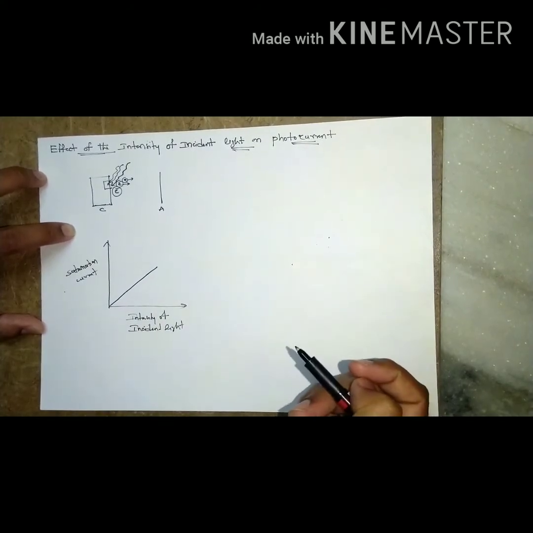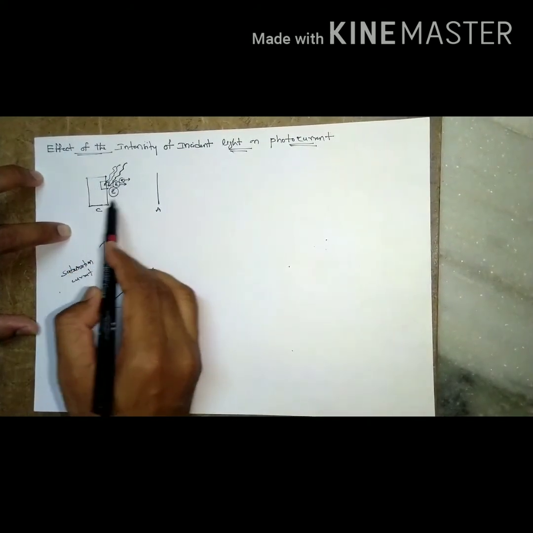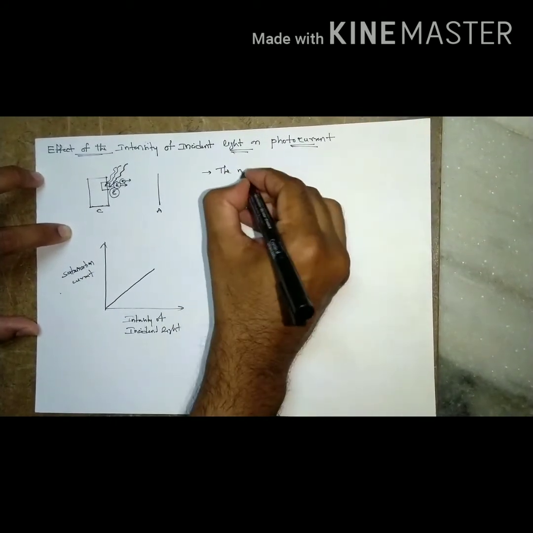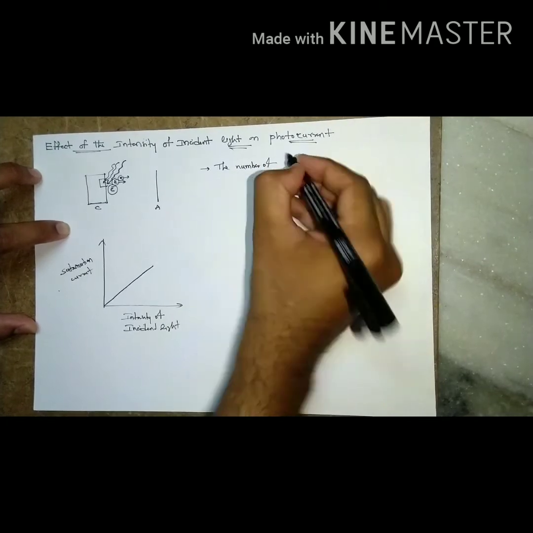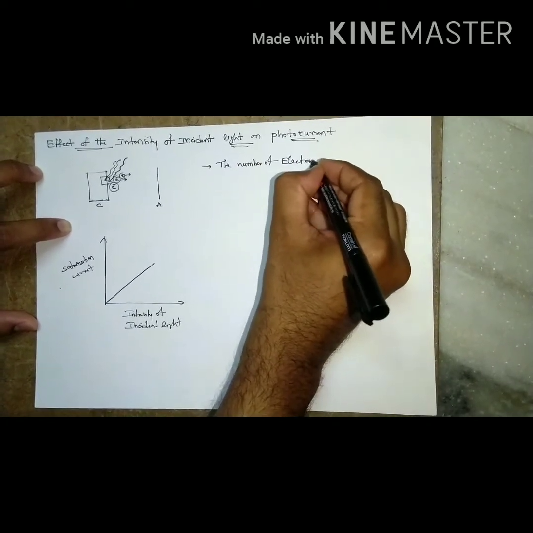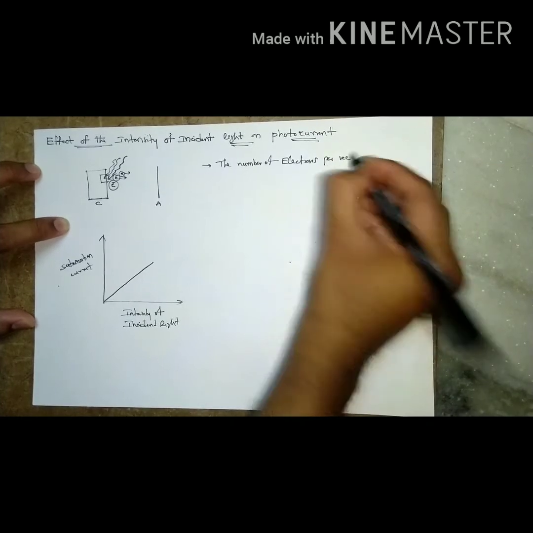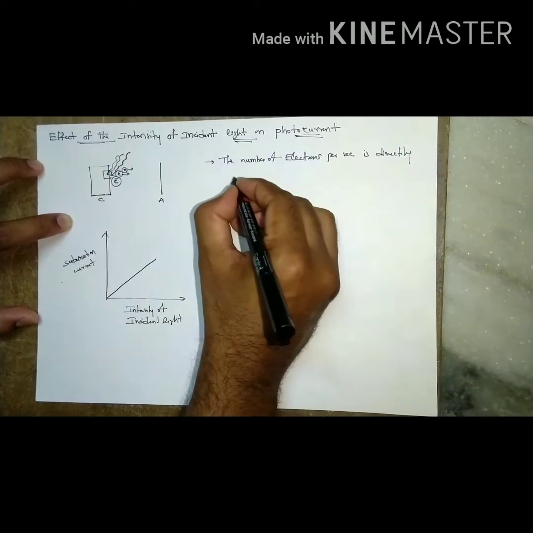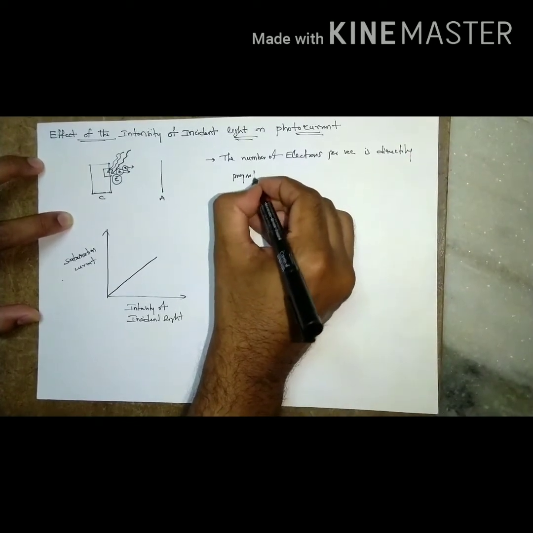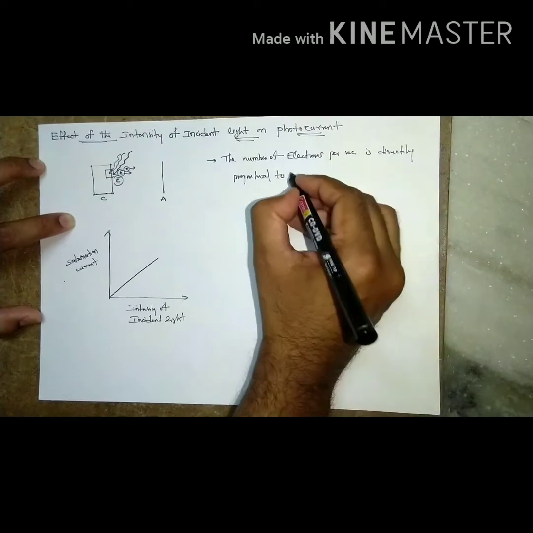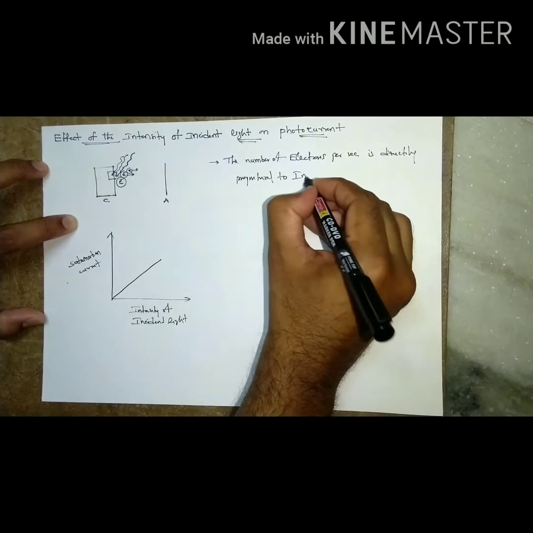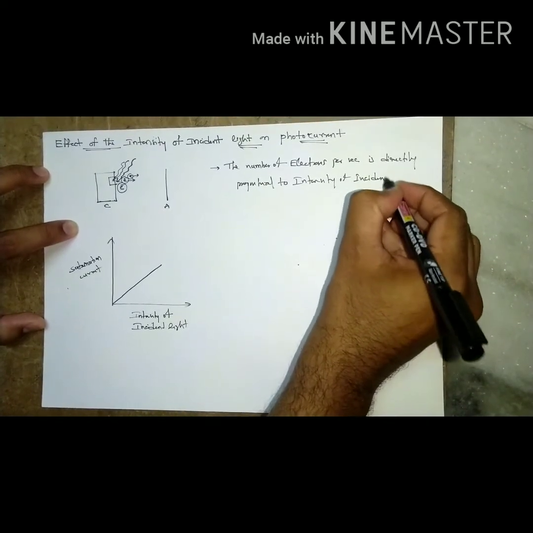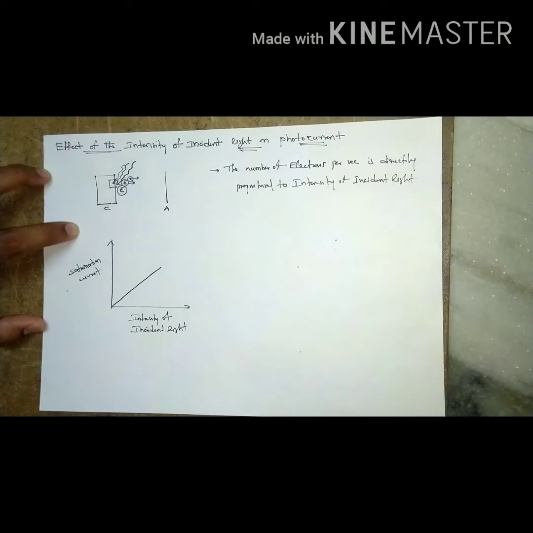This is the most important point: the number of electrons emitted per second is directly proportional to the intensity of incident light.